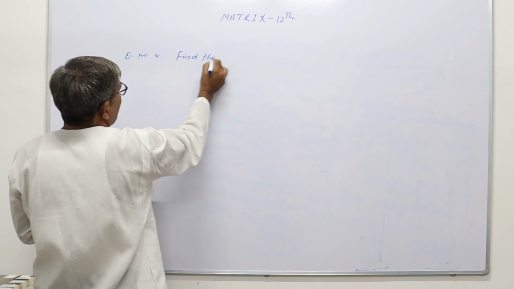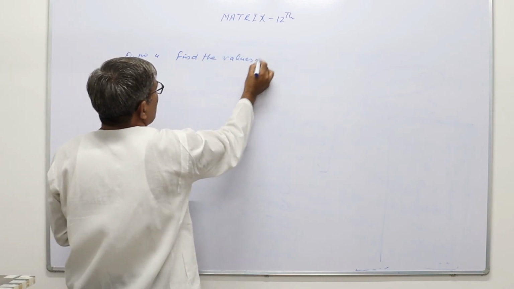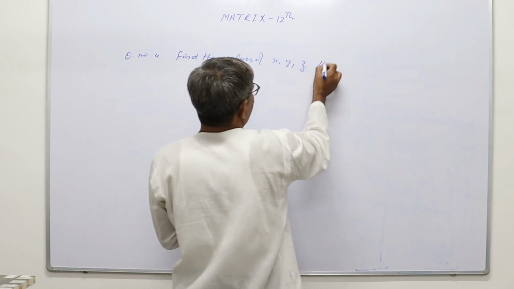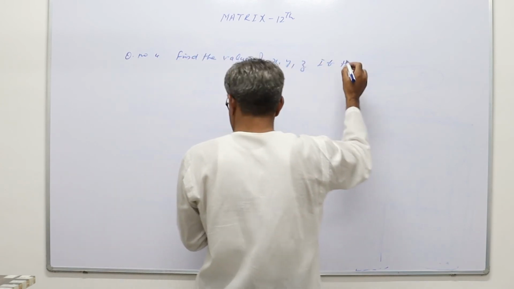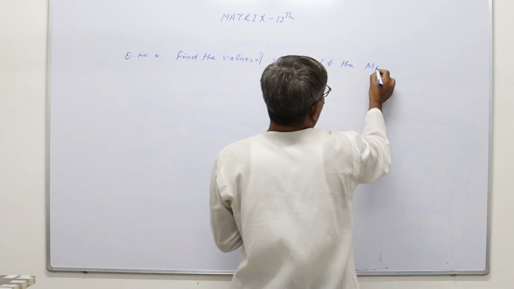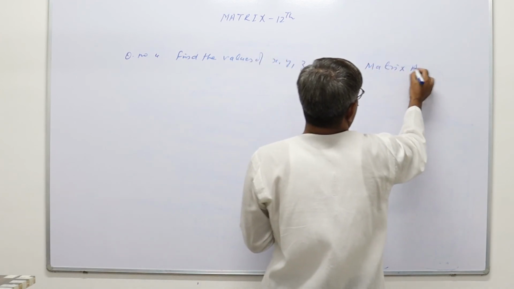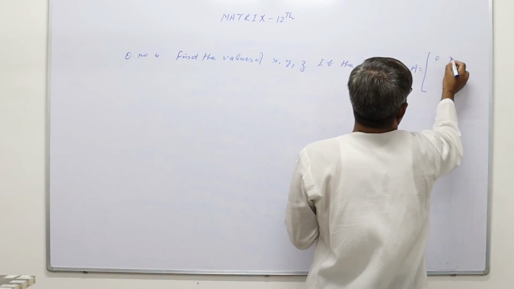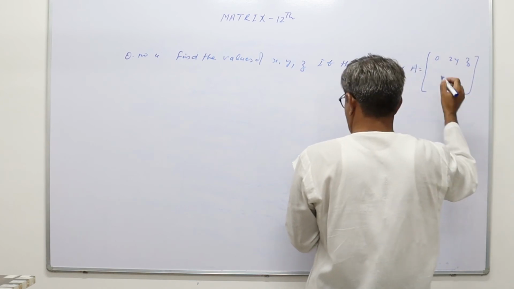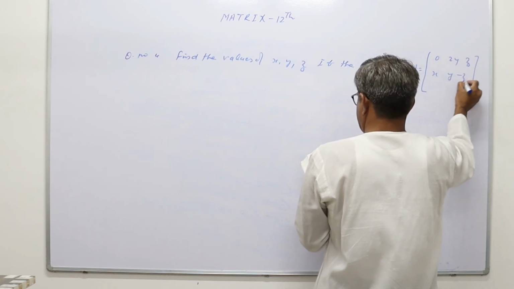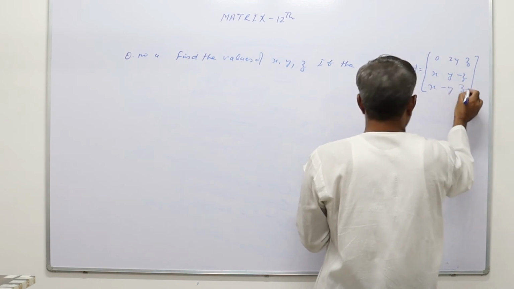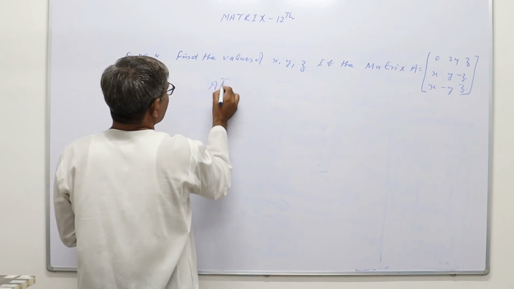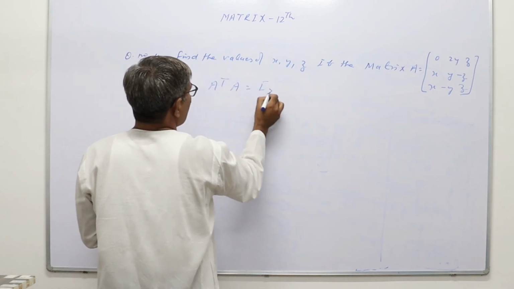Find the values of x, y, z if the matrix A is equals to 0, 2y, z, x, y, minus z, x, minus y, z satisfy the relation A transpose into A equals to I3.